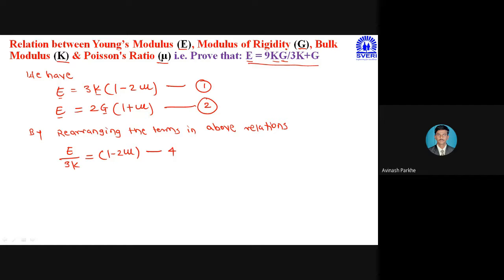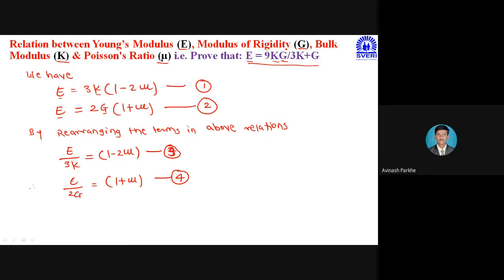So this is equation number 3. Here 3K is multiplied on the right side, so if I take it to the left side, it will get divided. Similarly, for the second relation, E upon 2G is equal to 1 plus mu. This is equation number 4.